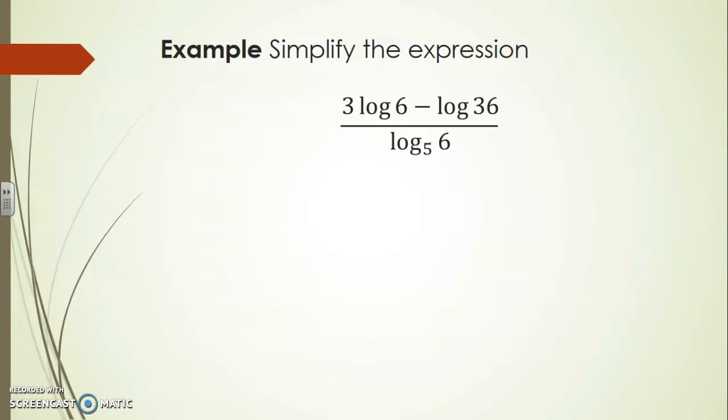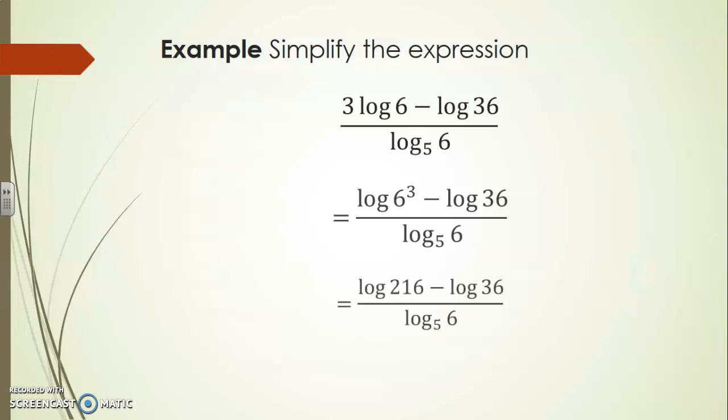Log of 6, log of 36 are quite different, and there is that 3 acting as a coefficient of the first logarithm. So here I've used the property that allows to displace a coefficient and make it an exponent, or vice versa, to write 3 log of 6 as log of 6 to the power 3.